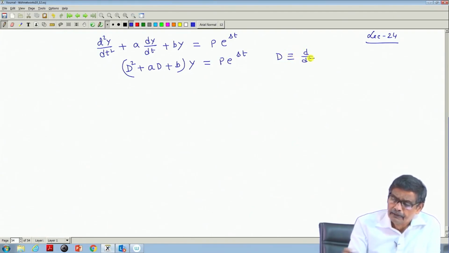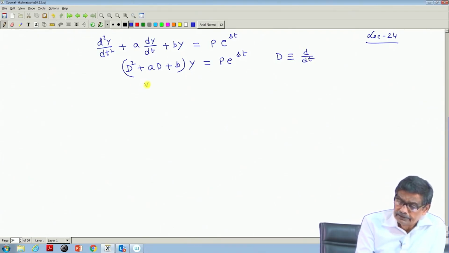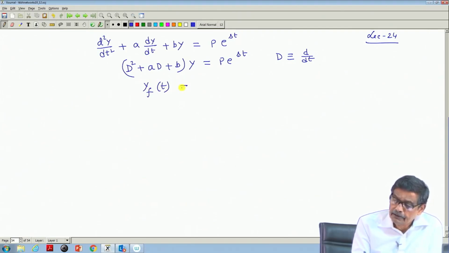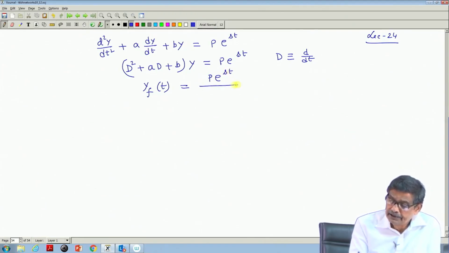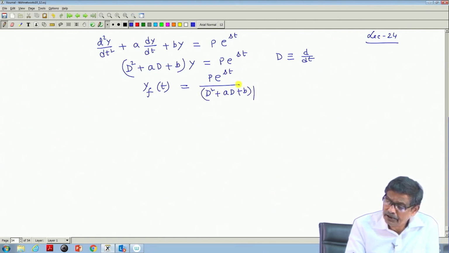Now, what it is being told is that solution due to forcing function will be p into e to the power s t divided by D square plus a D plus b, but this is to be evaluated at D equal to s, whatever s is there.